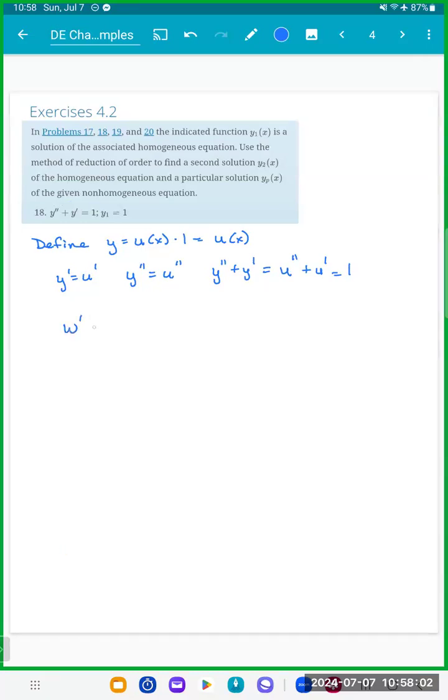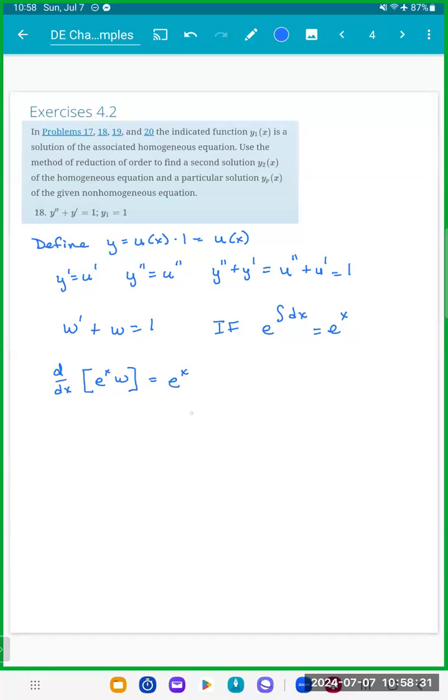So we could say w prime plus w is also equal to 1. And it has an integrating factor, our integrating factor of e raised to the integral of dx, which is e to the x, right? So if we take the derivative e to the x w, we're just going to simplify that out to e to the x.